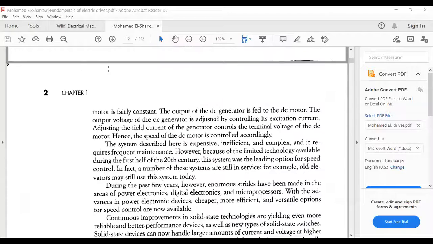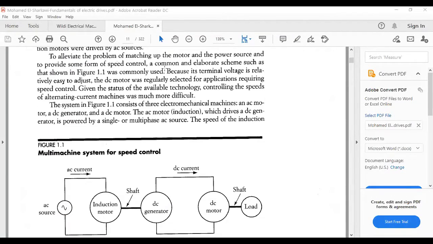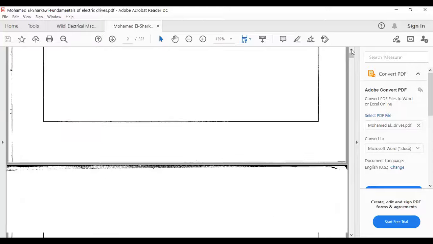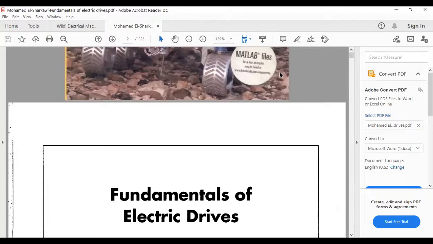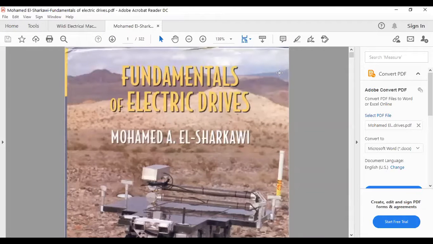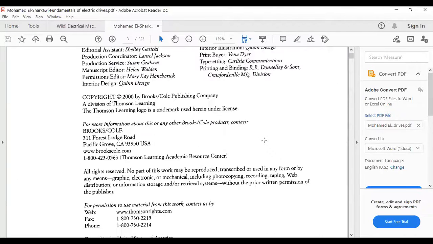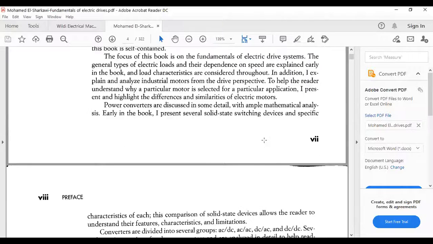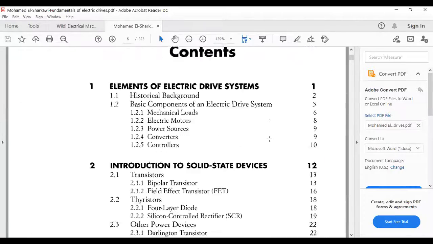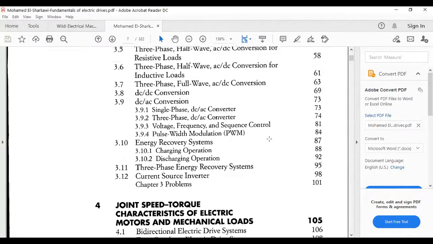So this is the book that I sent you recently, Sharkawi, Fundamentals of Electric Drives. I'd ask you to focus on 2 sections.